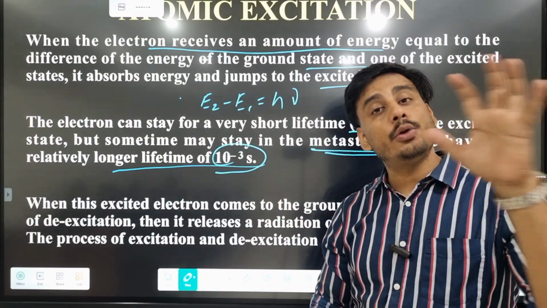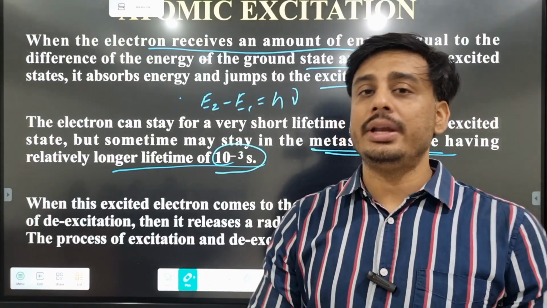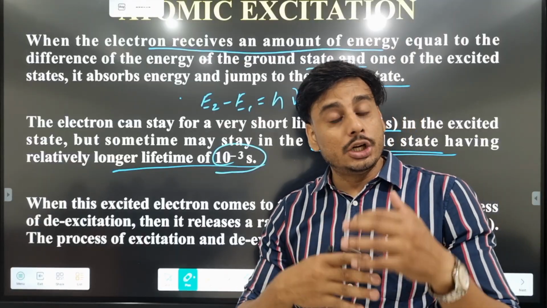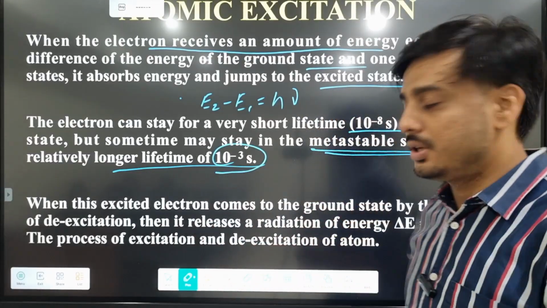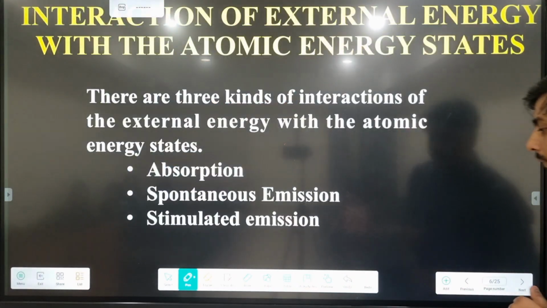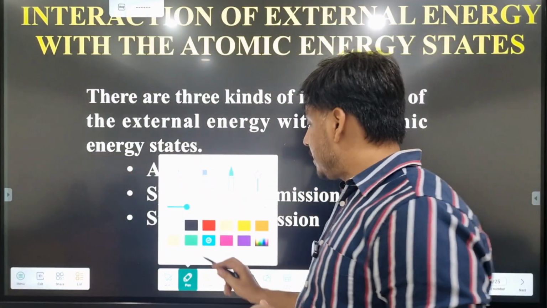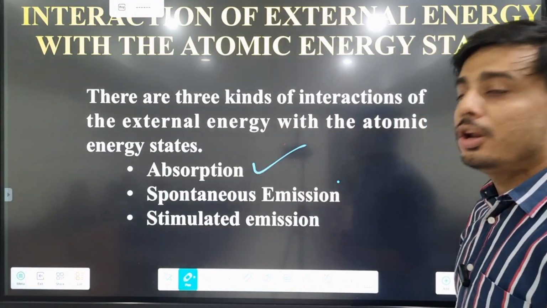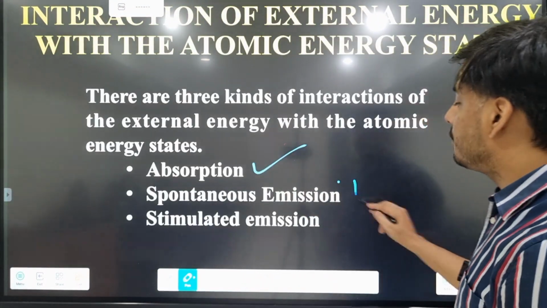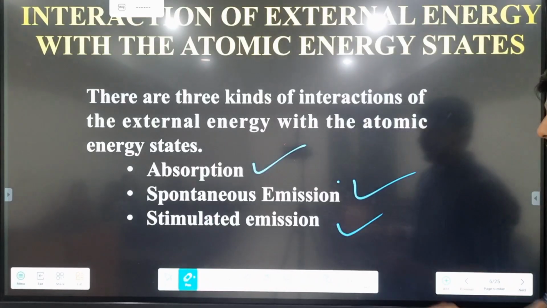So if we externally apply energy to any atom, then it can interact with the atomic energy levels in three different ways. We are going to discuss that in the next slide. So here you can see the external energy can interact in the phenomenon of absorption, spontaneous emission and stimulated emission.